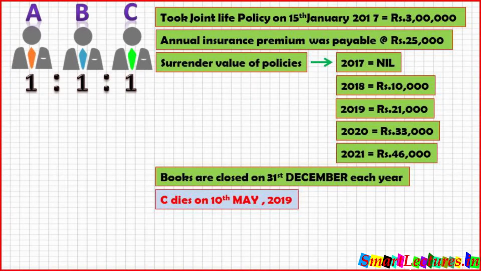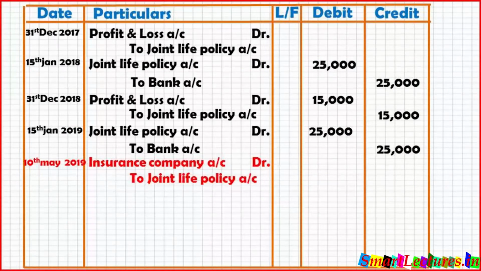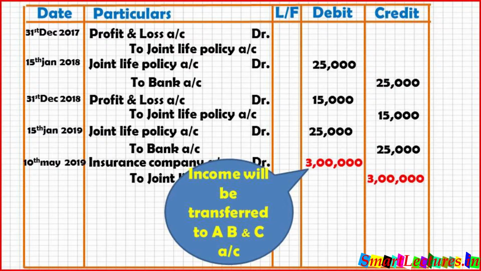So the moment the partner dies, the whole policy amount becomes receivable from the insurance company. So what will be the journal entry? Insurance company account debit to joint life policy 300,000 rupees.